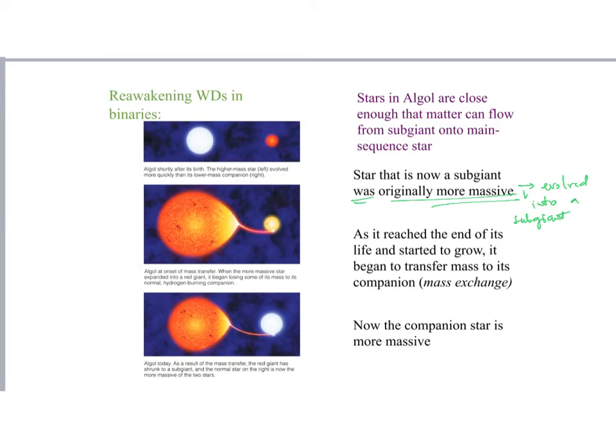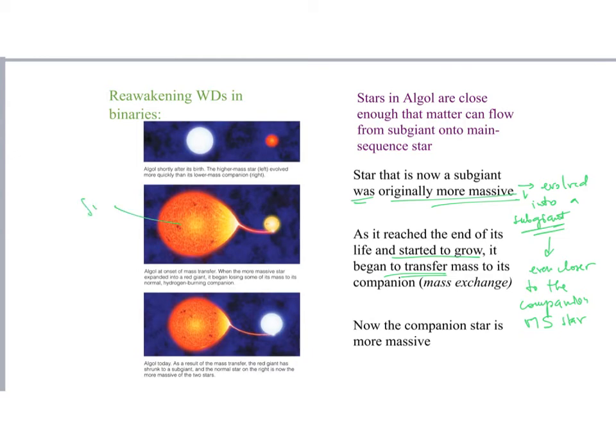However, as it reached the end of its life, right, and it started to grow, being a subgiant, it grows in size, it becomes even closer to the companion main sequence star. And then it's easier to have that mass transfer that is going to happen now, right?